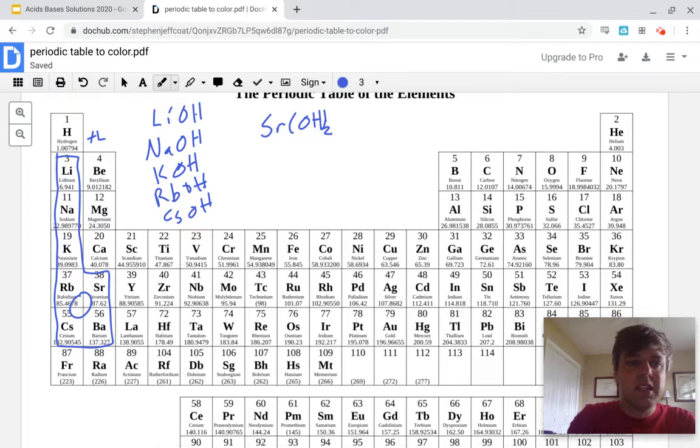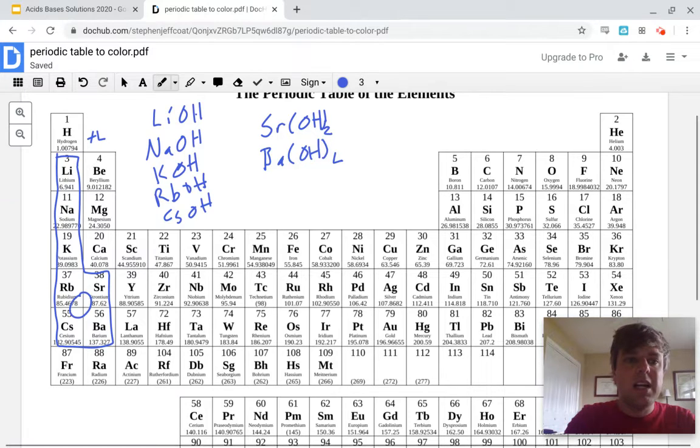And then we've got barium hydroxide. So those are our strong bases.